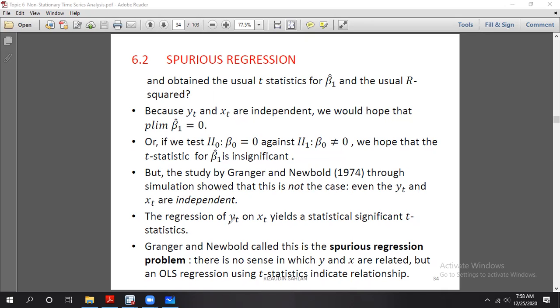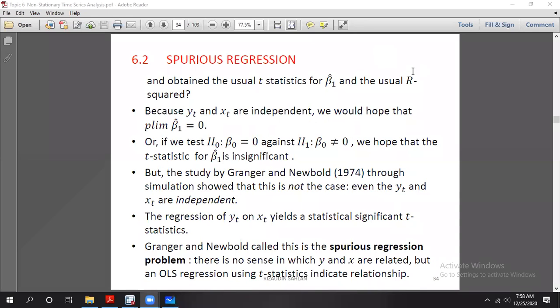If this happens, where we generate y_t and x_t independently and x_t has a significant effect on y_t, that is what we call spurious regression. Granger and Newbold call this phenomenon spurious regression.